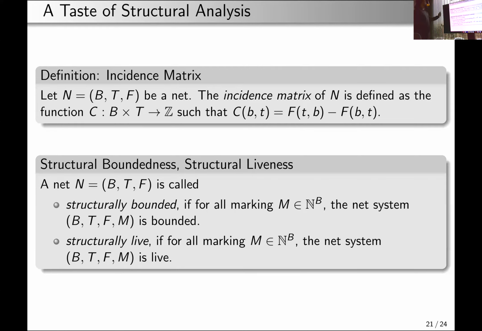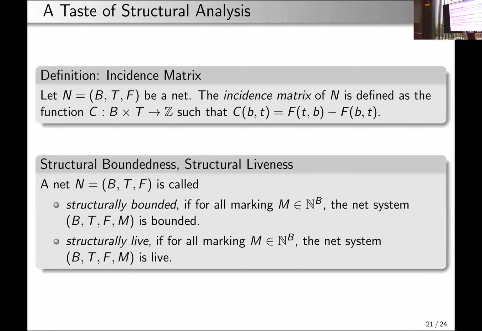And here I really wanted to talk about this because I think this is one of the coolest things of Petri nets, that you can actually analyze the graph structure of the net and decide a lot of stuff just by doing linear algebra, like Gaussian elimination.